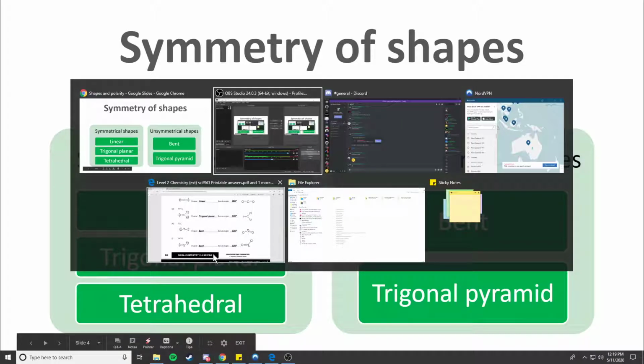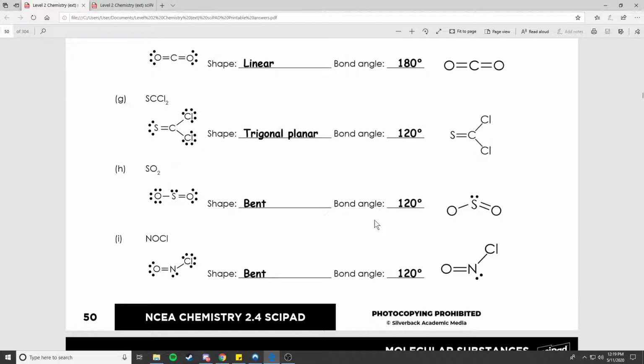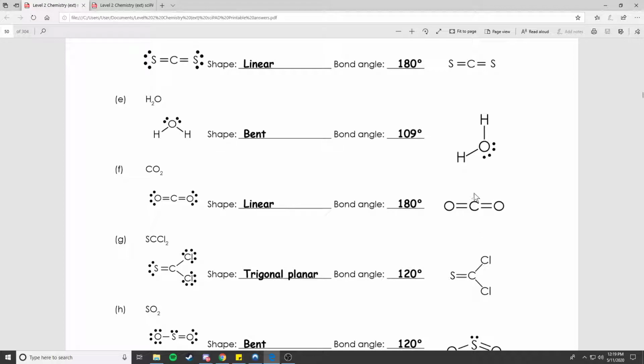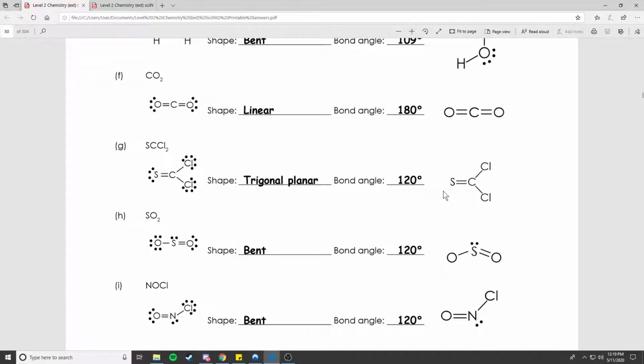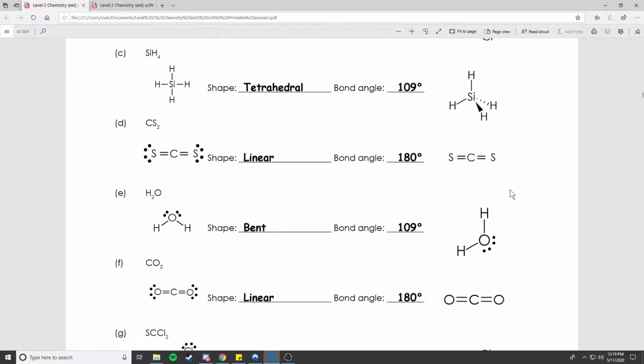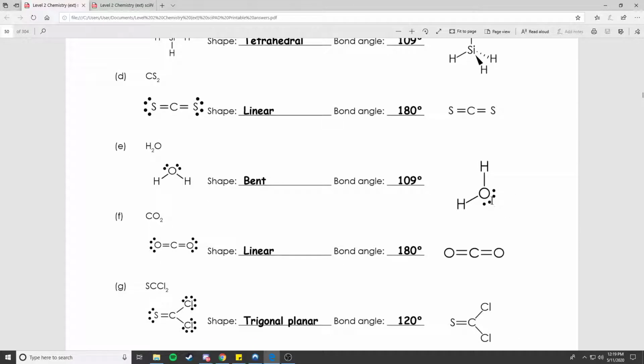So let's try and pull some of these up if I can. This is a linear molecule. You see it's got this line of symmetry down here, meaning it's a symmetrical shape. Same with this one. This is trigonal planar. Its line of symmetry is down the middle, meaning it's symmetrical down the middle. If we take something like bent, it is not symmetrical.